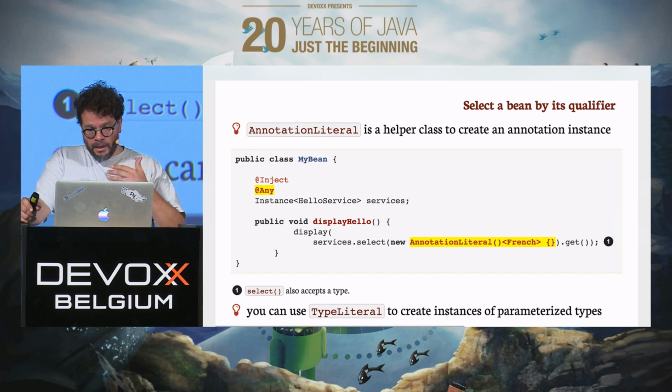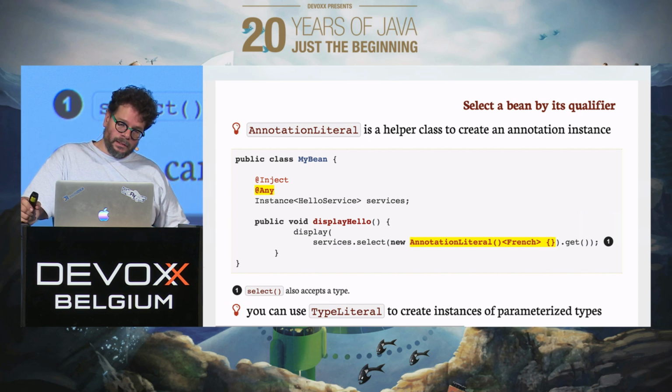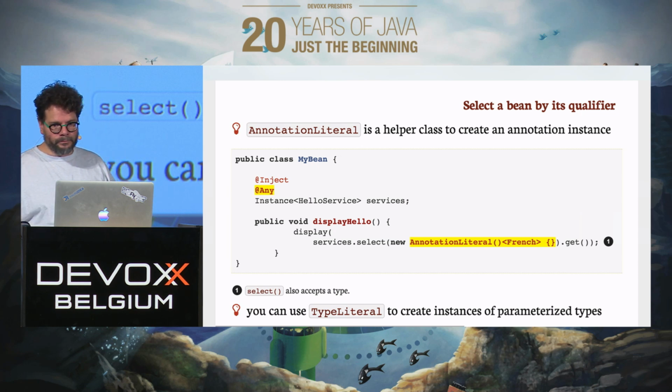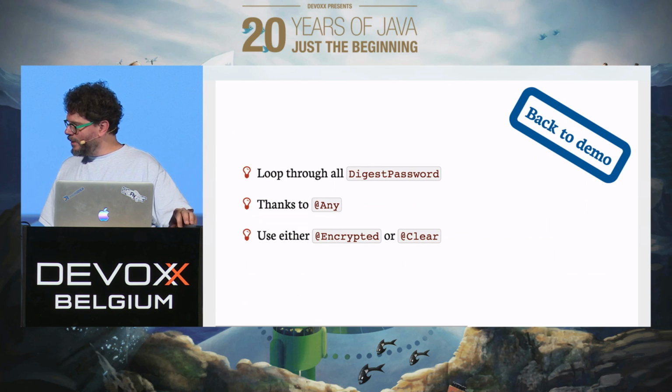So here, I use the programmatic lookup mechanism with the @French qualifier, and I say, okay, I want the HelloService with the @French qualifier using the select method of the Instance interface.